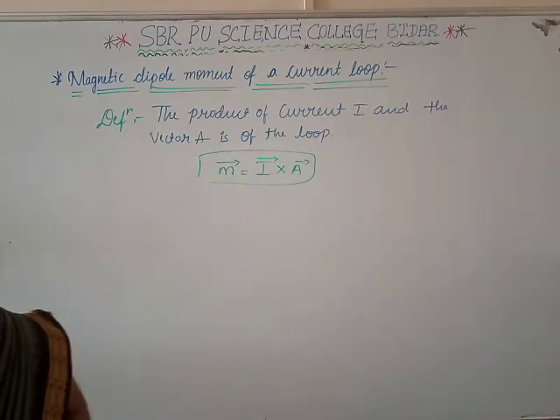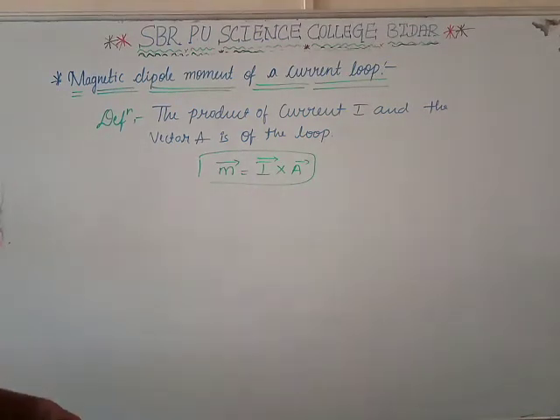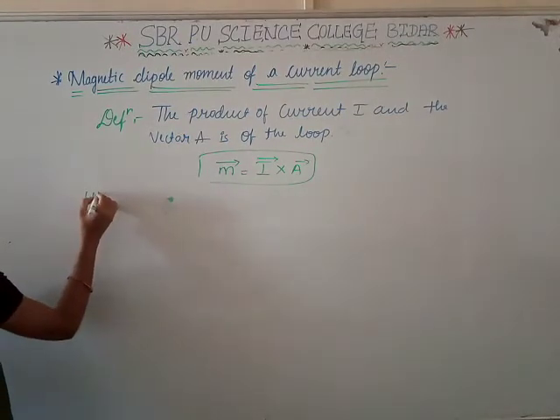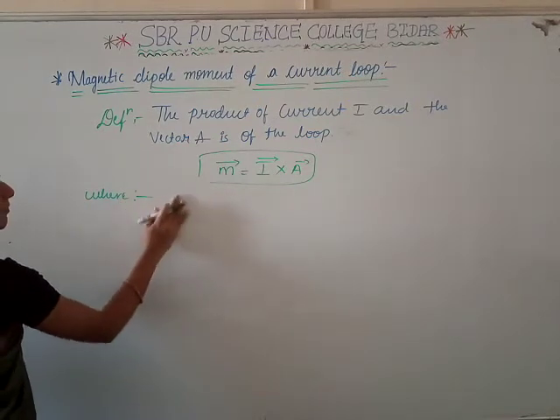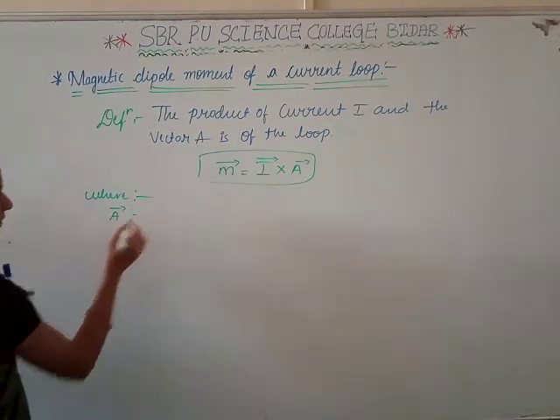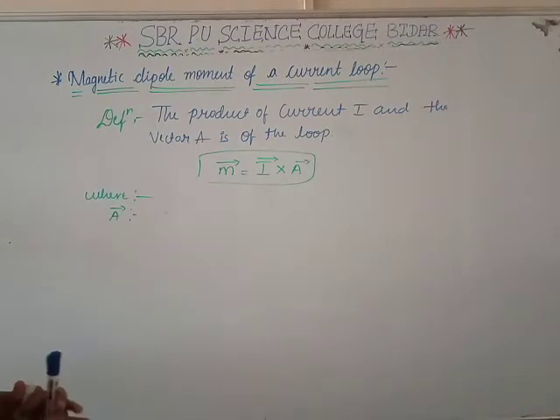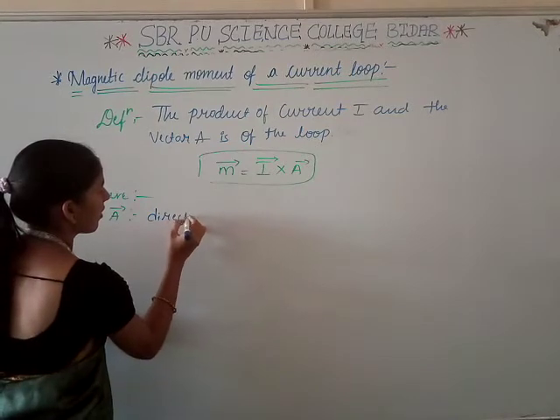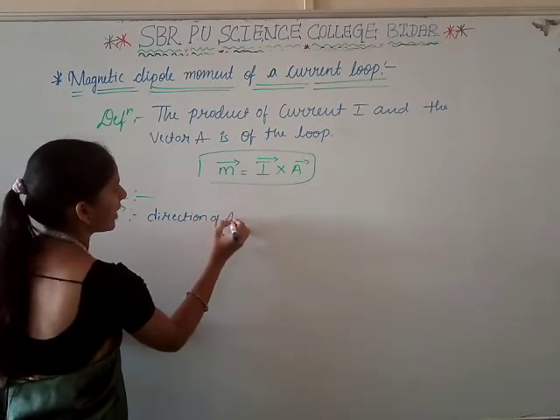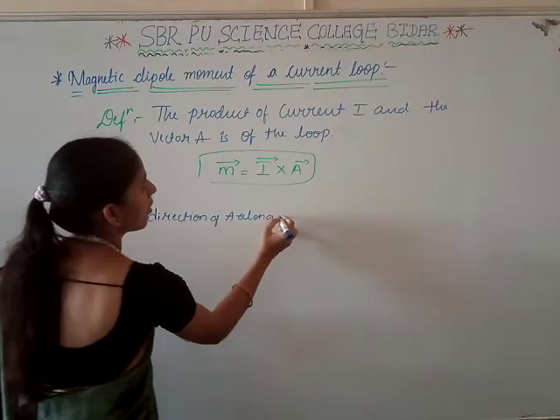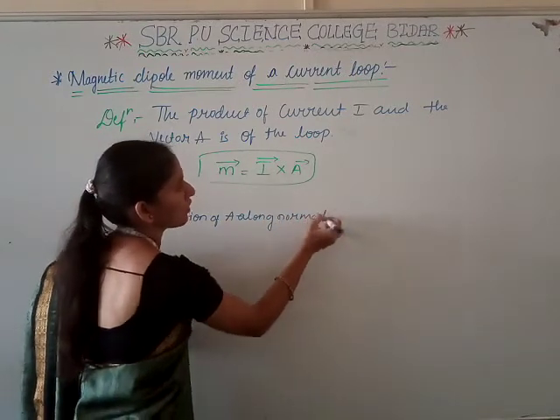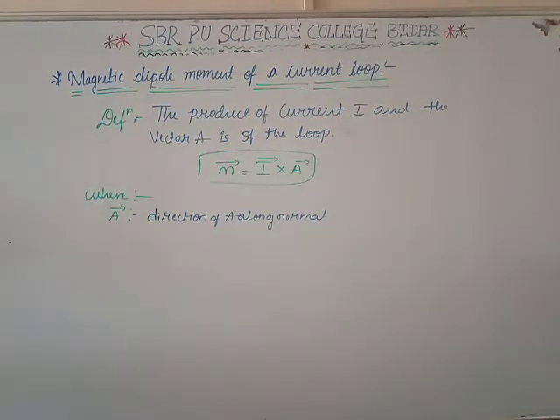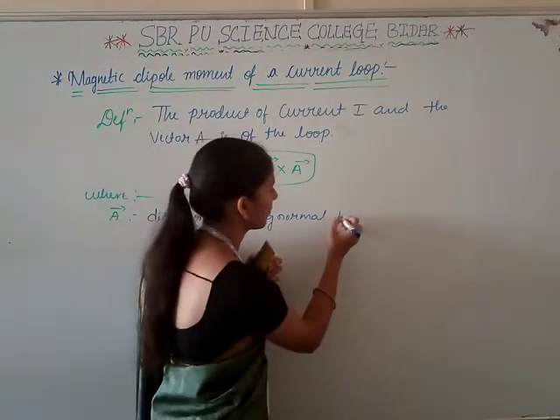Now see what A is and what M is here. The direction of A is along the normal to the plane of the loop.